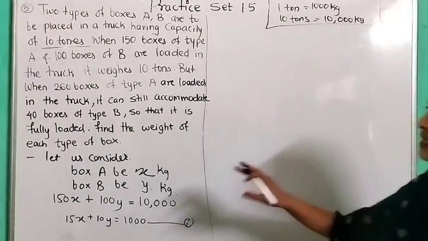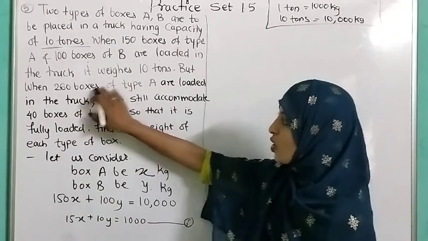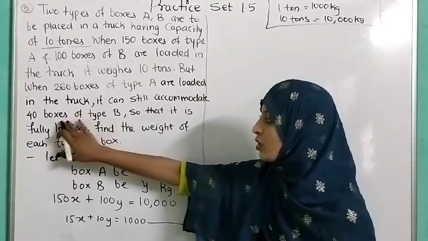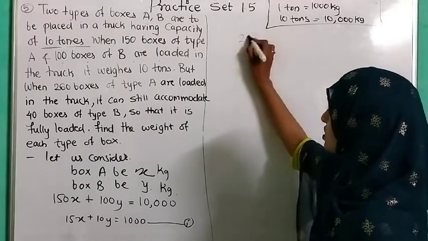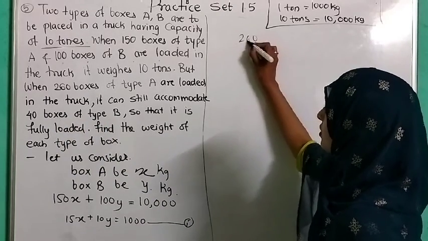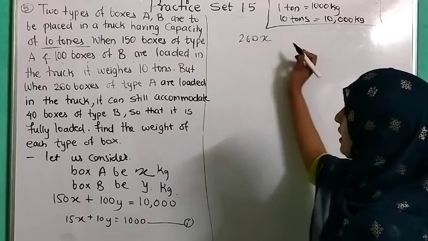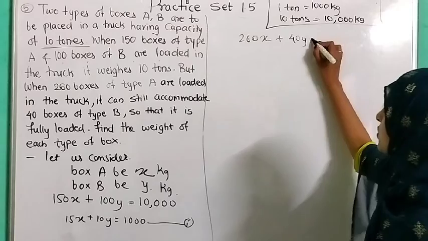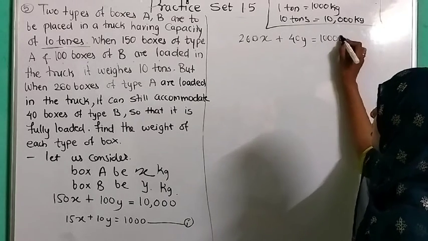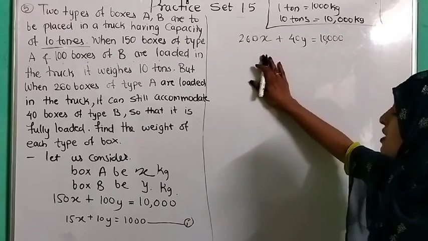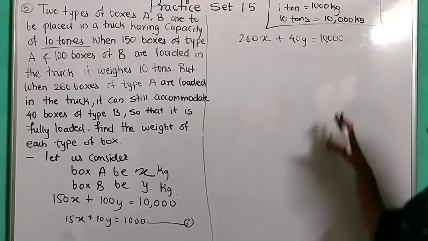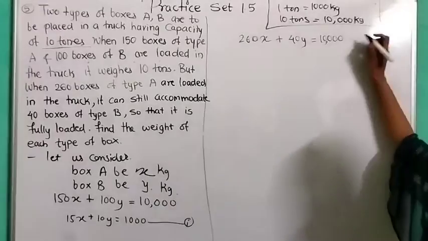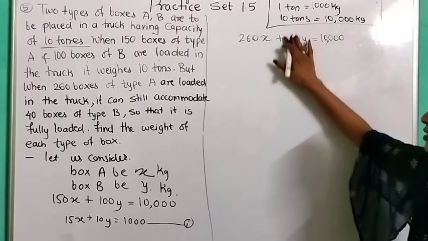Now, according to the second condition, when 260 boxes of type A are loaded in the truck, it can still accommodate 40 boxes. Means 260x plus 40y is equal to 10,000. Again we want to simplify the equation. If we divide by 4, we get 10 here.